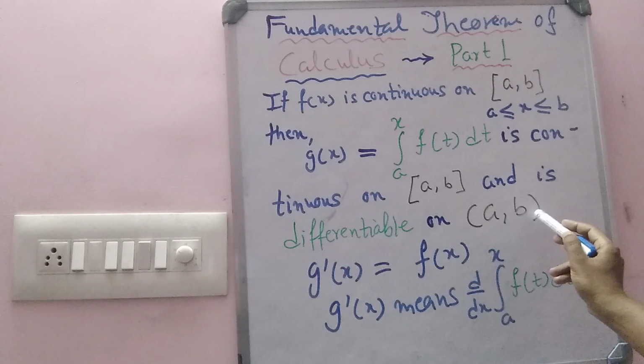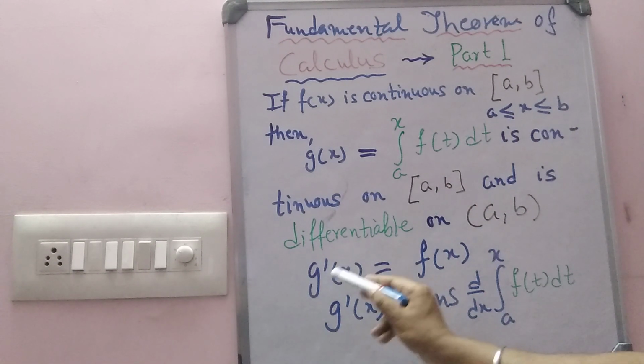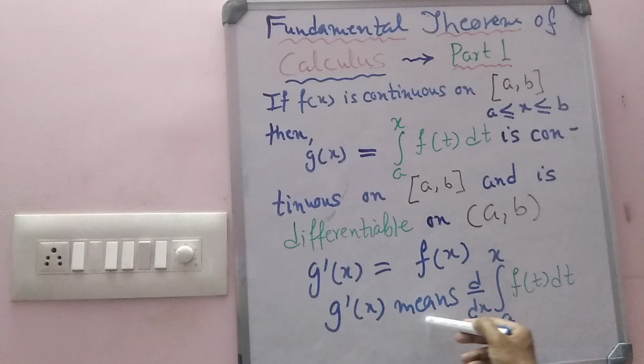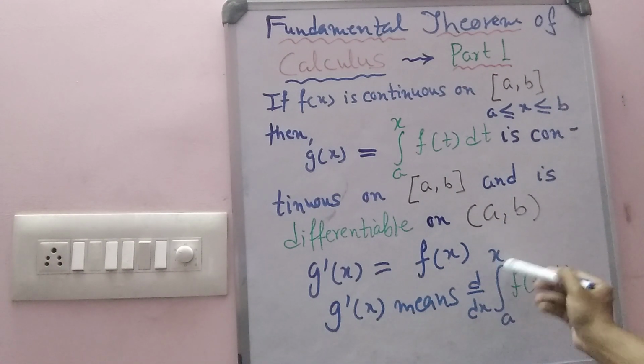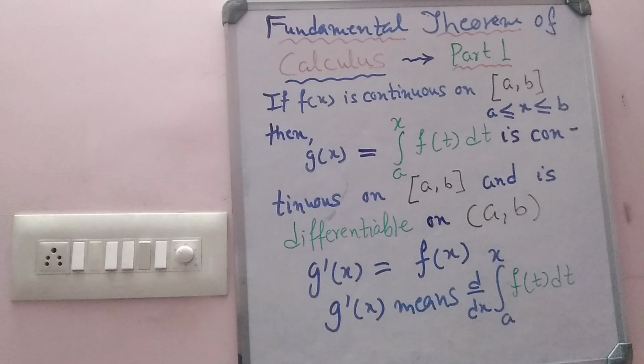Open interval means the value of x lies between a and b. Then g dash x equals f of x. g dash x means the derivative of the integral from a to x of f of t dt.